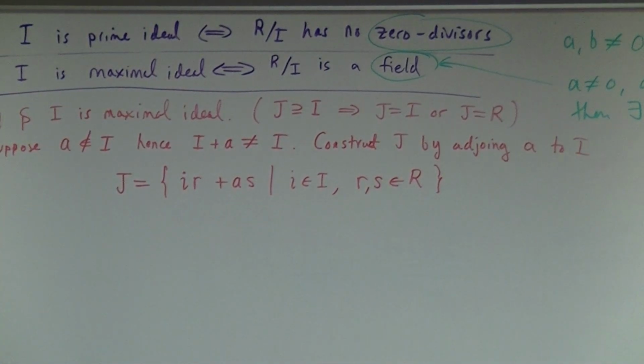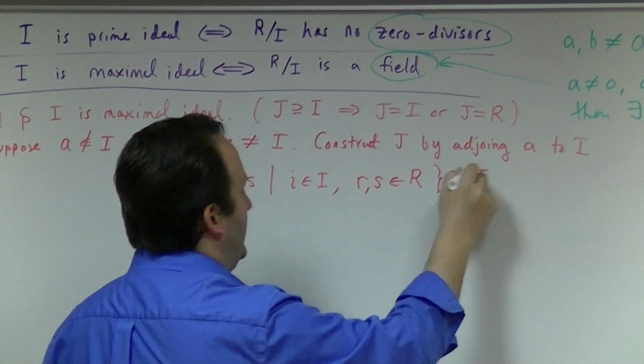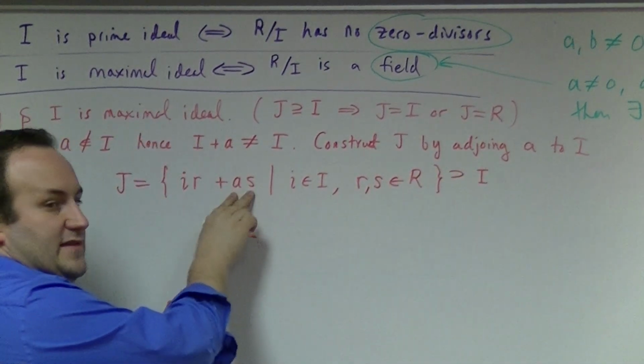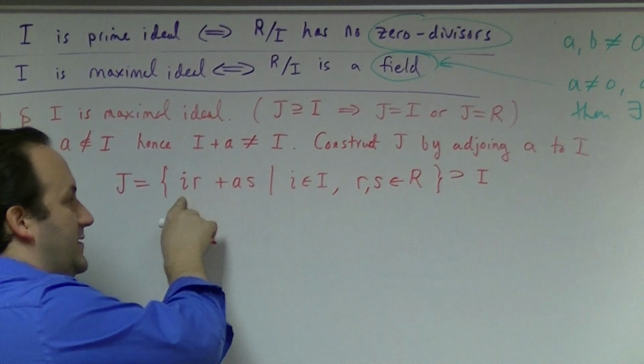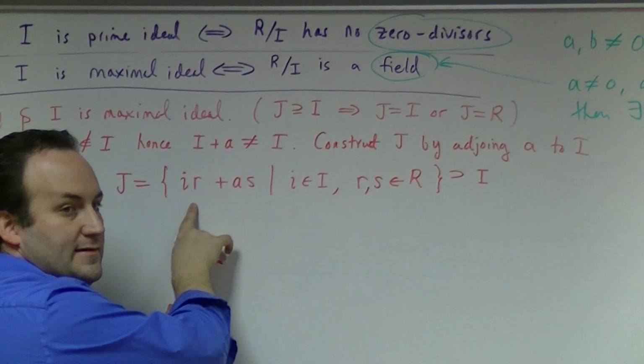You can prove that that is an ideal. It certainly contains I, because you can just set S equal to 0, and you get all the elements of I.